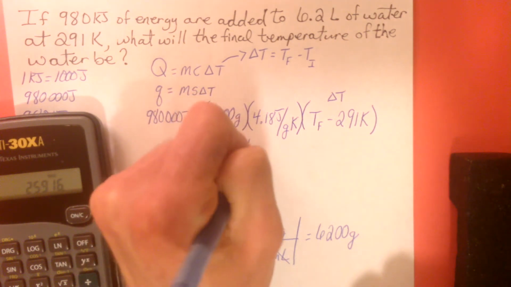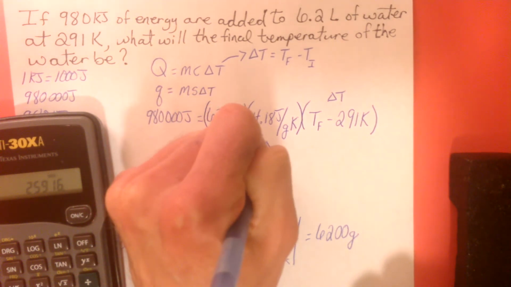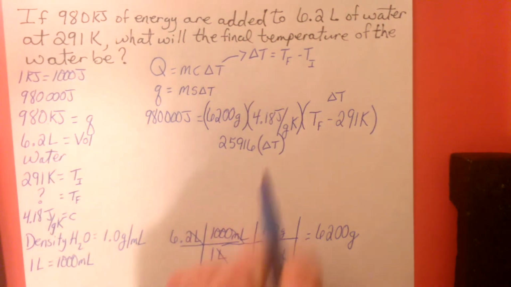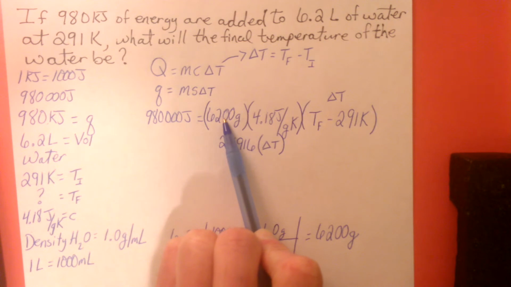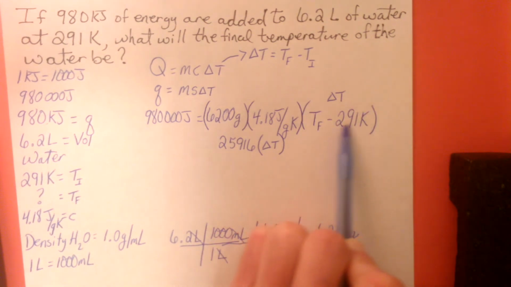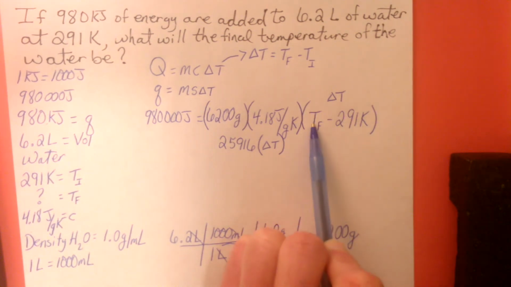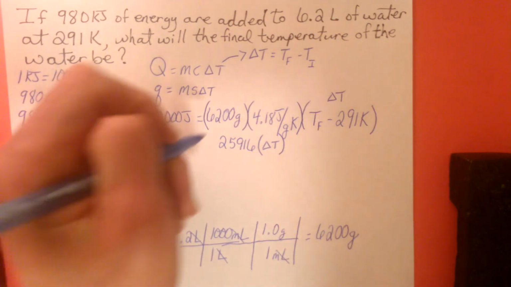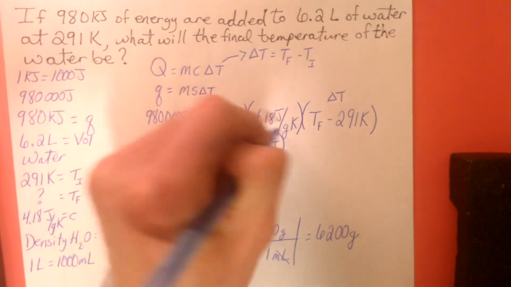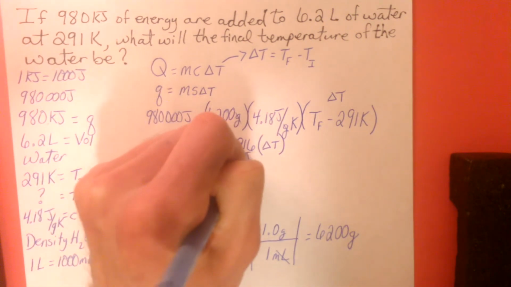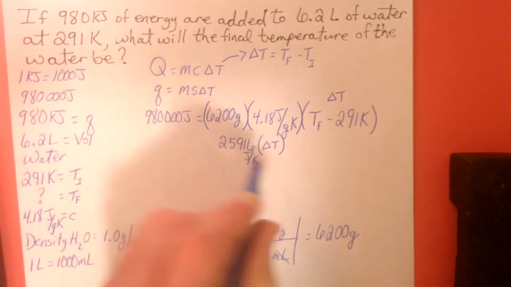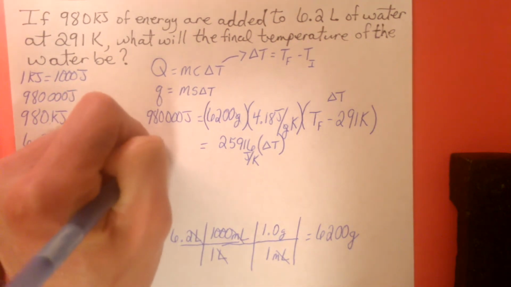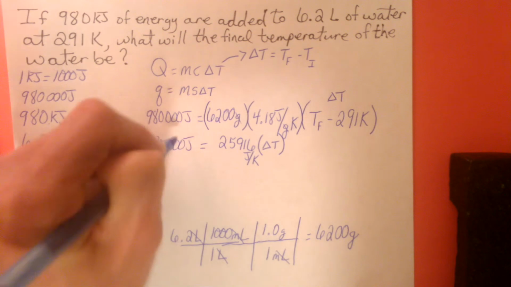I take that and then have delta T, so I combine these two terms. I'm leaving this as delta T because I only know the TI, not the TF. And my units: grams would cancel, and I would be left with joules per Kelvin multiplied by delta T, and that's all equal to this 980,000 joules.